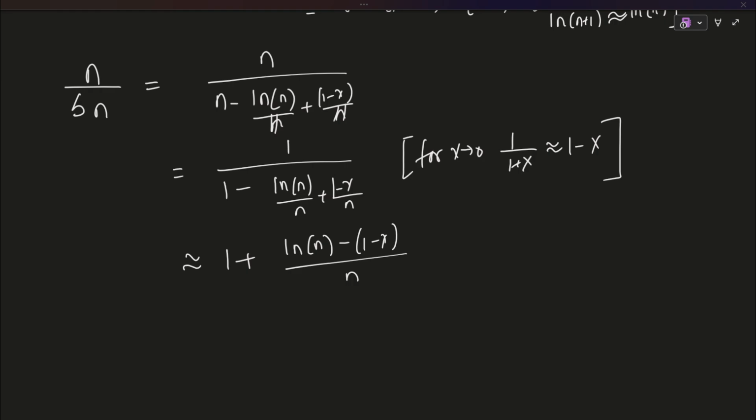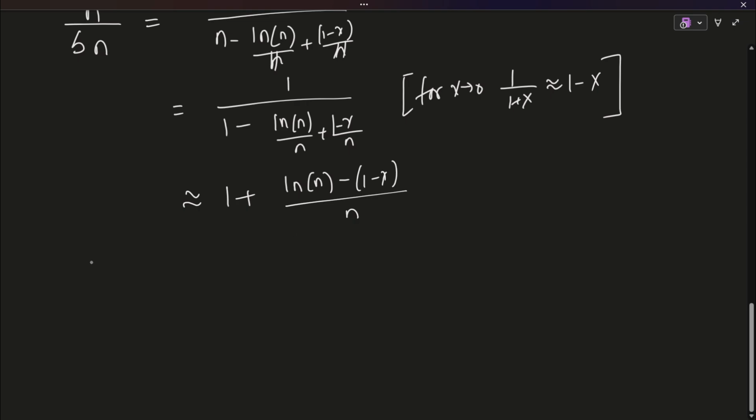Then we can finally say, therefore, n by Sn can be written, in the limit n tends to infinity, as 1 plus (ln n minus (1 minus gamma)) divided by n.